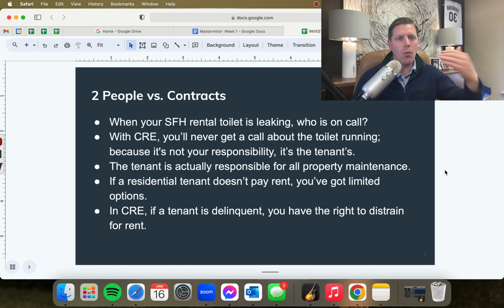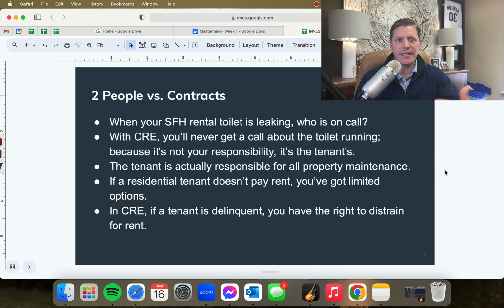I'm not going to walk through all this, but I want to make sure you comprehend the differences before we start talking about underwriting and then inevitably buying these buildings. When you're buying these single family rentals and a toilet's leaking, who's on call, right? We'll get into the lease in a second, but with commercial real estate, you're never getting a call for a toilet running.